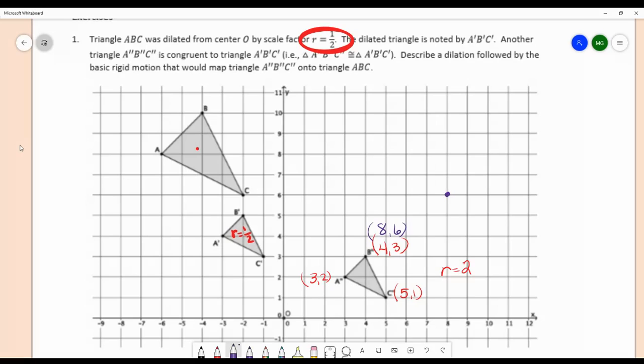And then 3, 2 would now be 6, 4, because 3 times 2 is 6, 2 times 2 is 4. And our last one would be 10, 2. There we go. So that would be our new triangle.